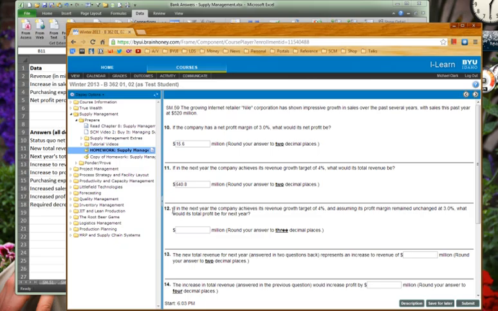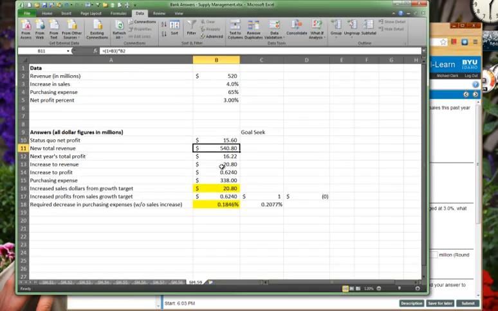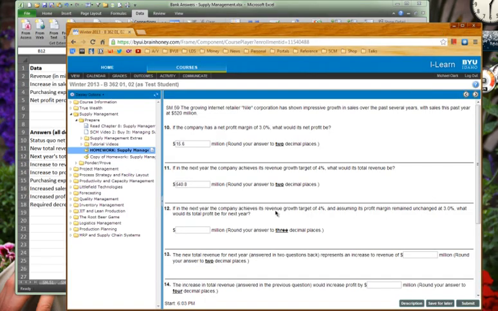Question 12. If in the next year the company achieves its revenue growth target of 4%, and assuming its profit margin remained unchanged at 3%, what would its total profit be for next year? Well, our spreadsheet already has that there. We take our new revenue after the 4% growth in sales and multiply that by our same 3% profit margin, and we see that our new profit is $16.22 million.